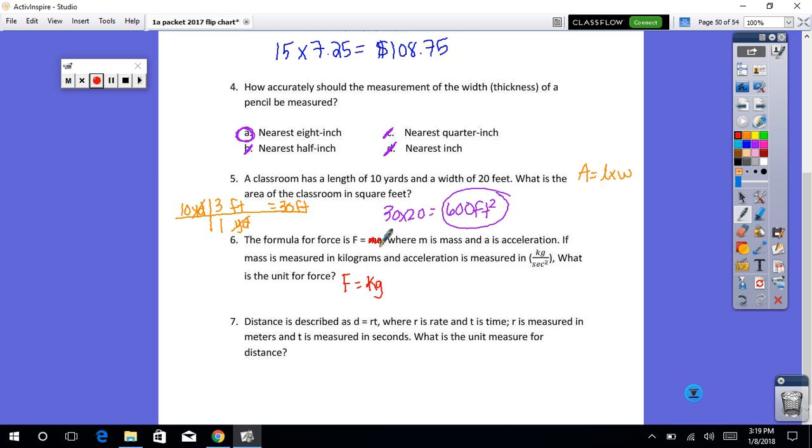So instead of the a, I'm going to replace that with that equation, kilograms over seconds squared. Okay, what is the unit for force? Basically we have to simplify this. I have 2 kilograms in that, so when I simplify, my unit for force is kilograms squared over seconds squared.